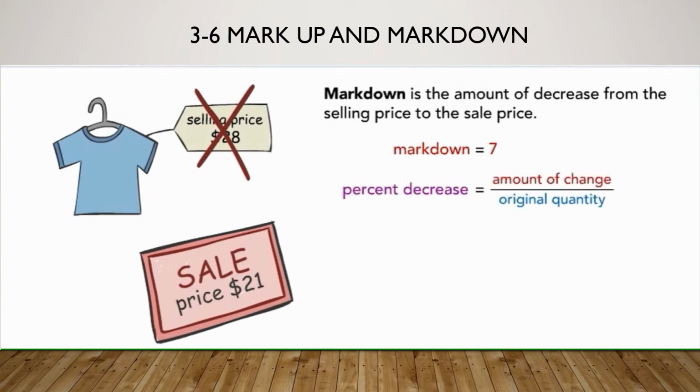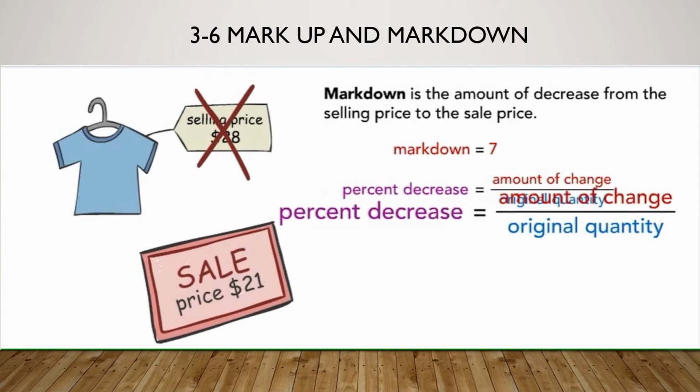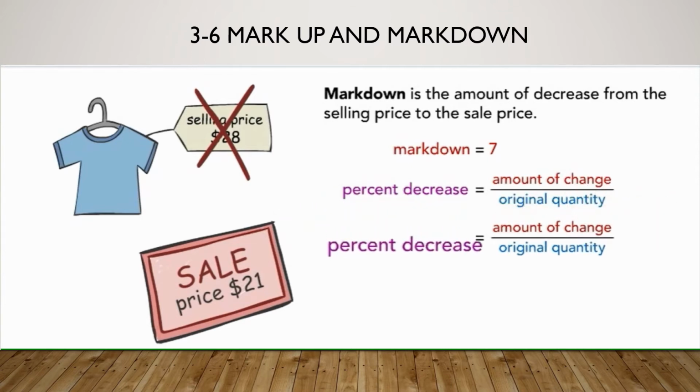You can represent the amount of markdown as a percent decrease of the selling price. This percent is the percent markdown. The amount of change is the markdown and the original quantity is the selling price. So, percent markdown equals markdown divided by selling price.